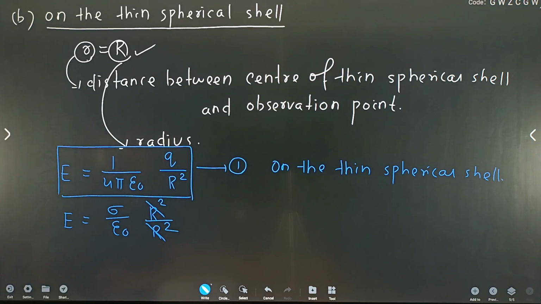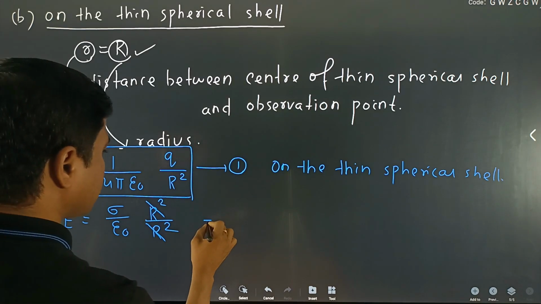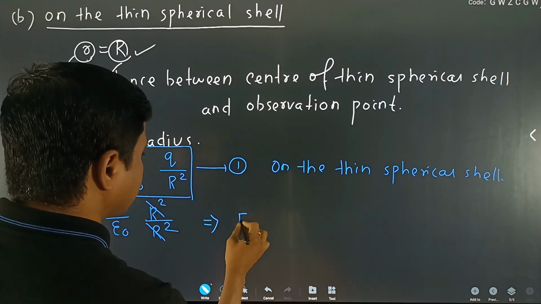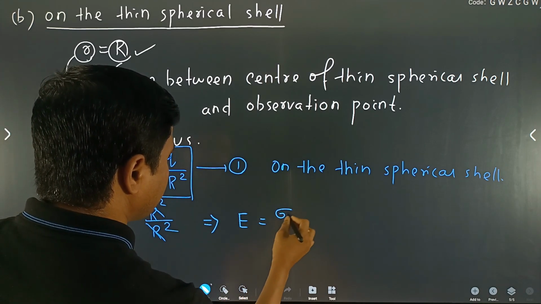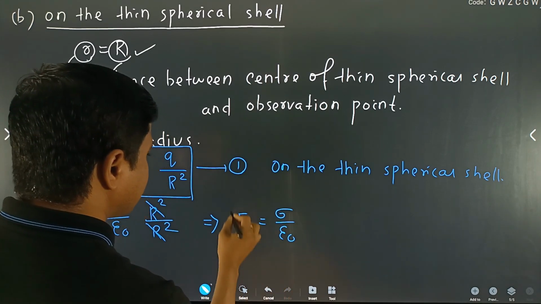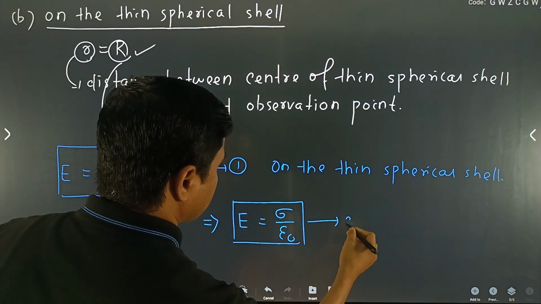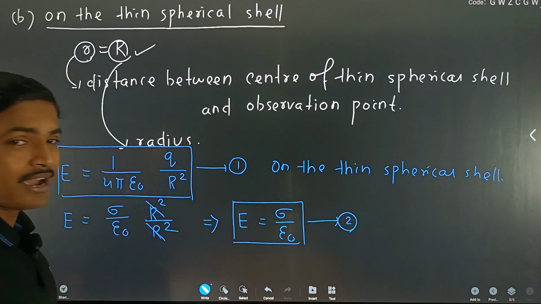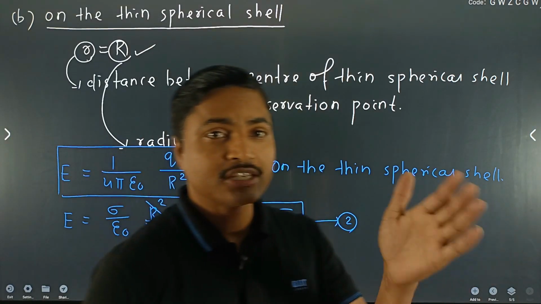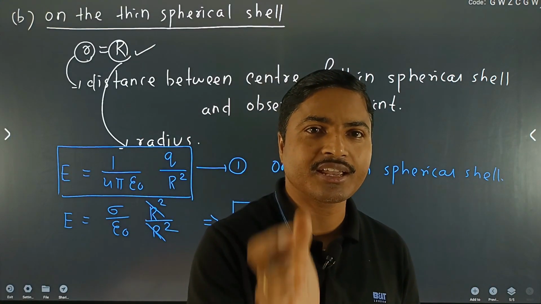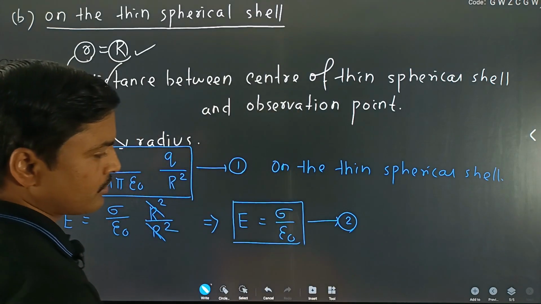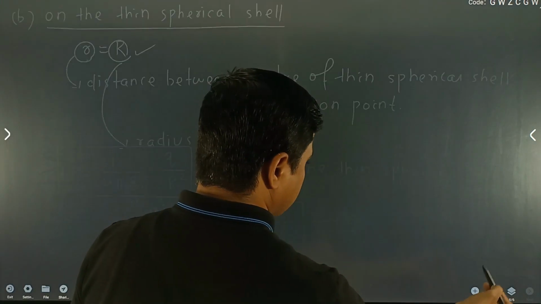Capital R square cancel with each other. That implies finally we get E is equal to sigma by epsilon 0. This is the second expression of the magnitude of the electric field on the surface of the thin spherical shell. Clear?